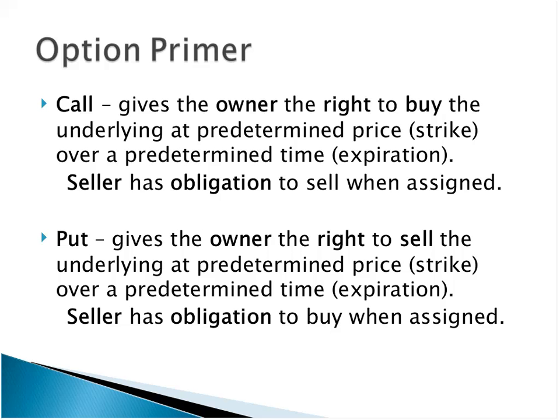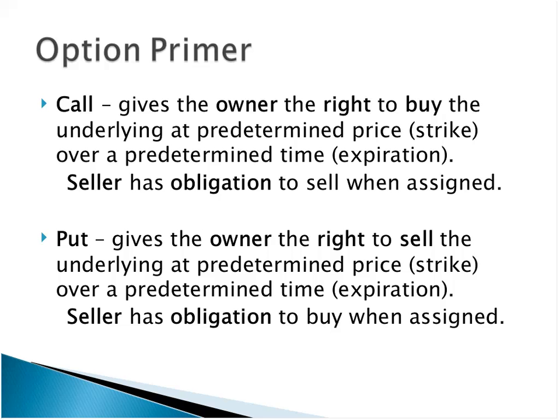A put gives the owner the right to sell an underlying at a predetermined price. Again, we call that the strike price, over a predetermined time, which is expiration. The date that the option expires, it runs out, is called expiration. In the case of the put, the seller again has the obligation, but this time the obligation to buy.